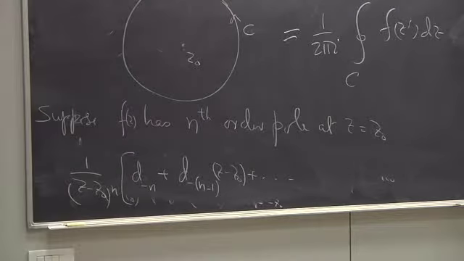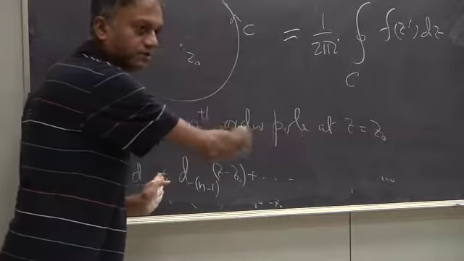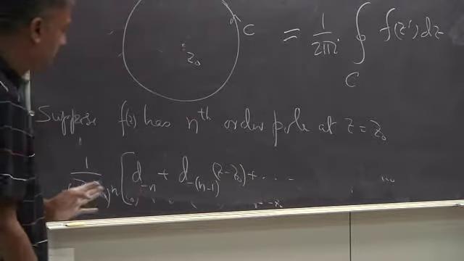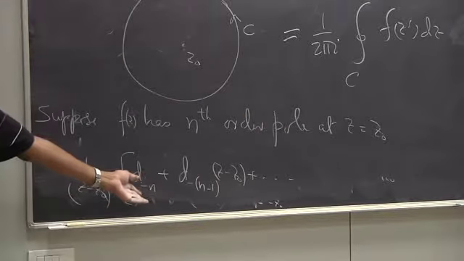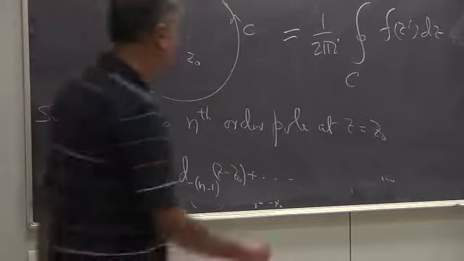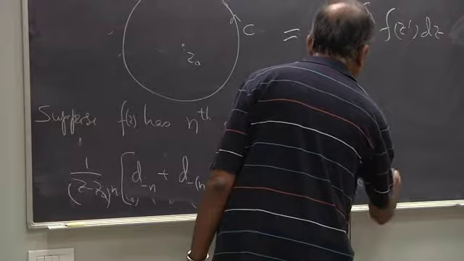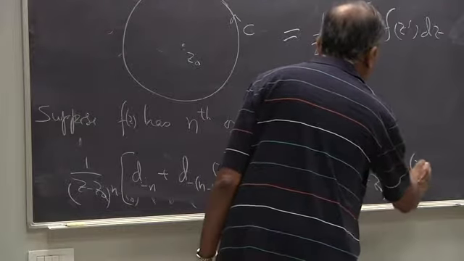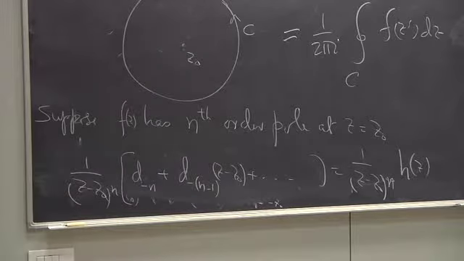Once I take that out, everything else will be regular at z equal to z0. There will be an infinite series here, which is convergent, so it will define some analytic function. So this will be of the form 1 over z minus z0 to the power of n times some analytic function h.